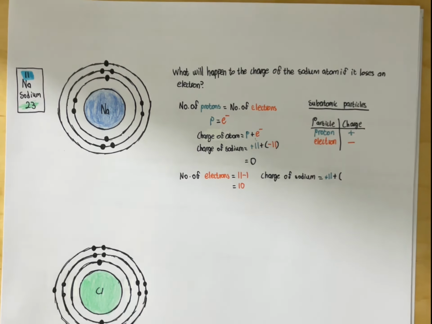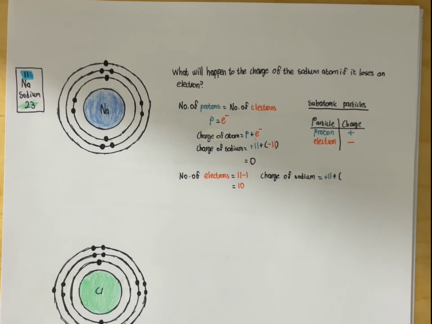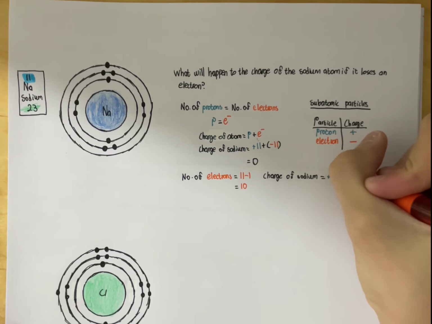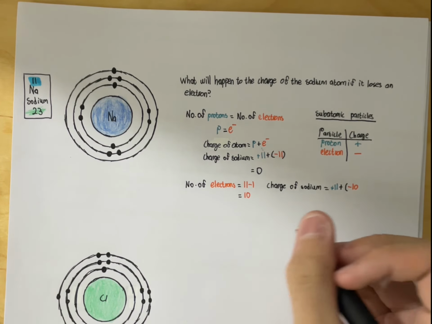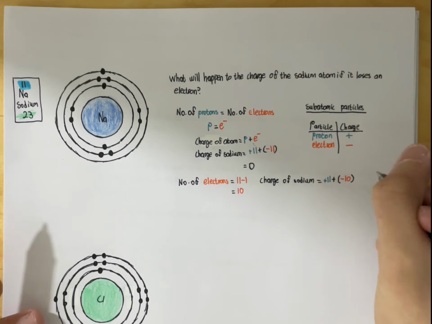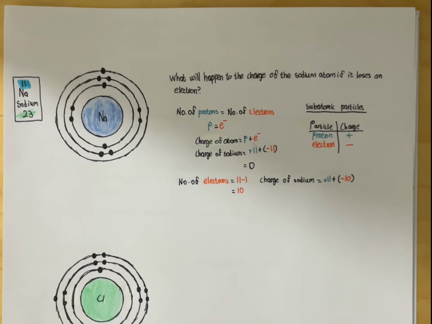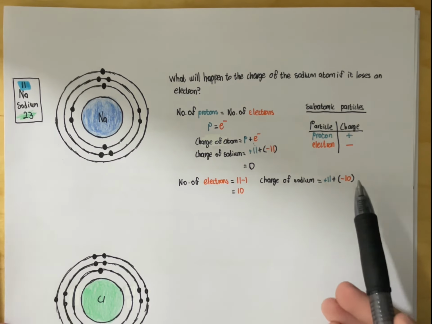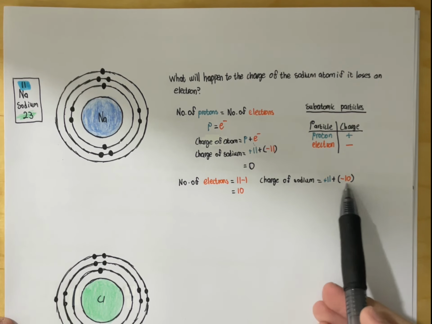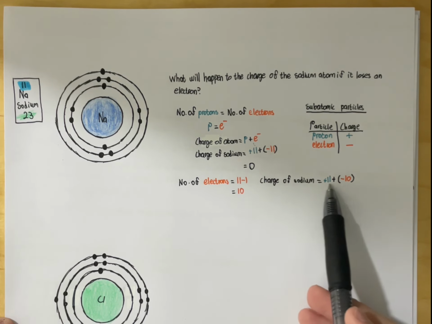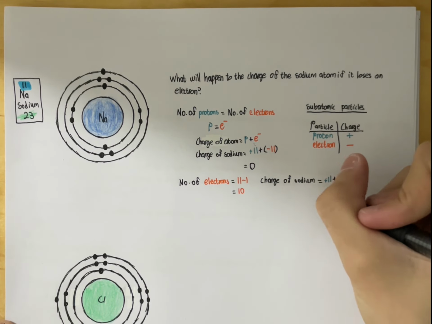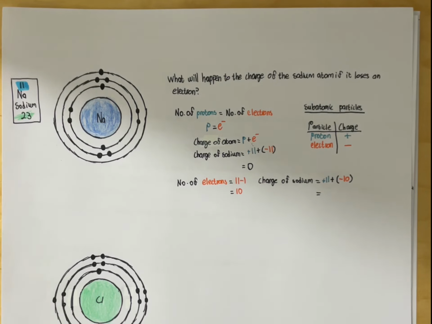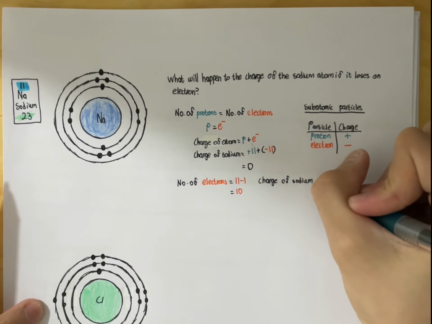Since we've lost an electron, each electron has a charge of minus 1, and we only have 10 electrons, so minus 1 times 10 is negative 10. This is the total charge of electrons and the total charge of protons. So the charge of sodium is not going to be neutral anymore. It's actually going to be +1.